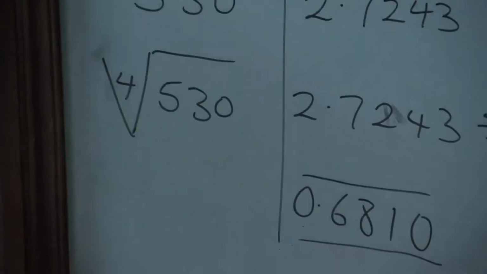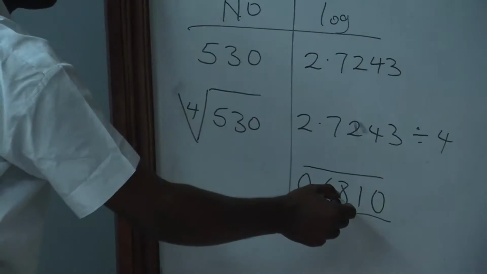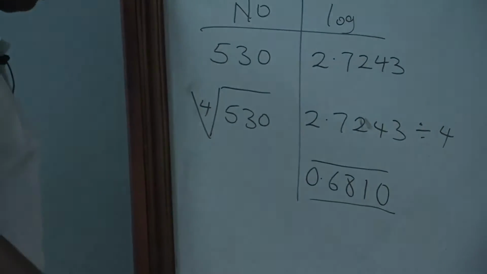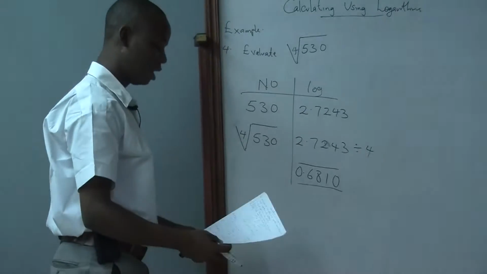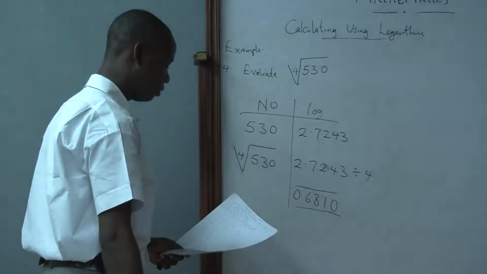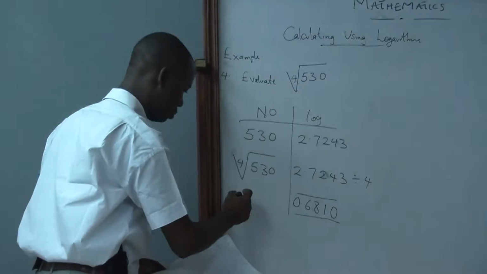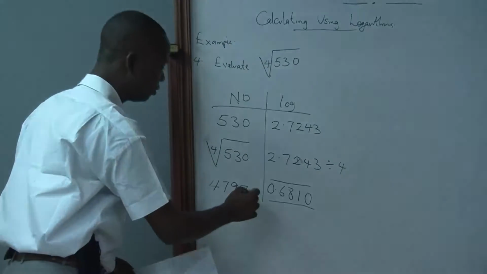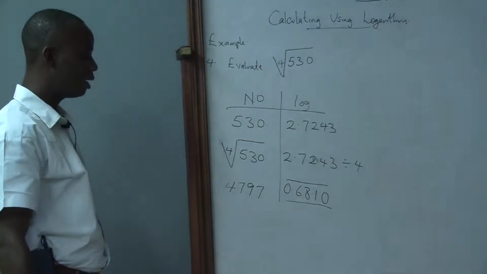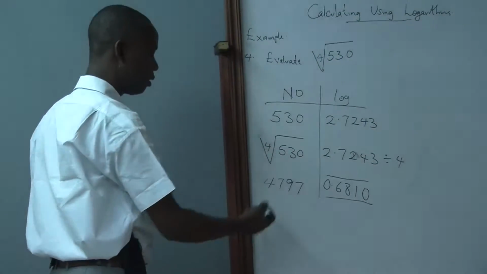We're going to be looking for 0.68 under 1 plus difference of 0. There is no difference of 0. So we'll just be looking for 68 under 1. And 68 under 1 will be giving us 4797. To find the final answer here, you just write this in standard form.